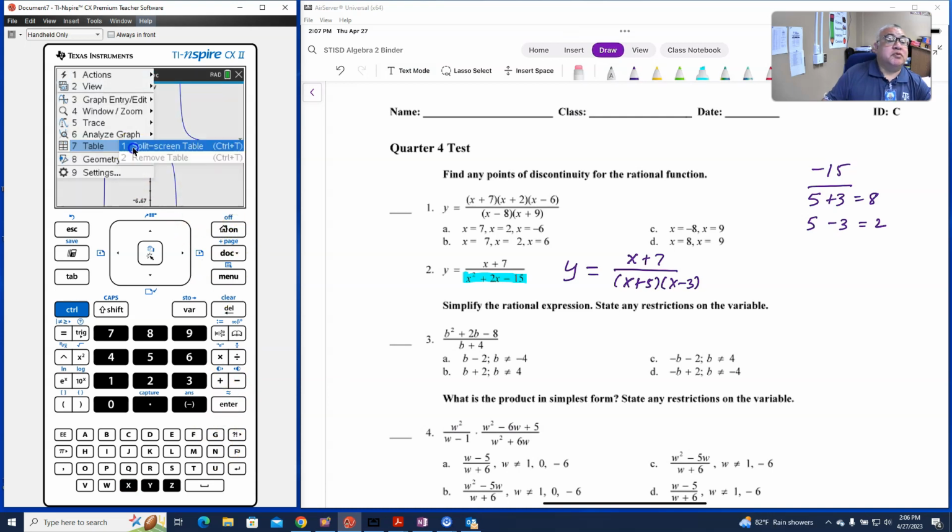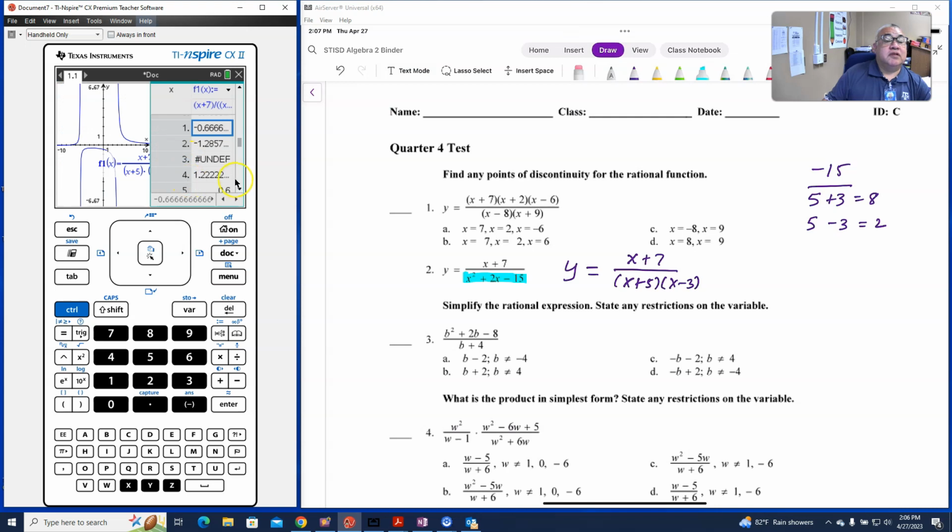Let's look at our table so we can see the undefined point. So we know that when x is 3, it's undefined. And you see that there. And then when x is negative 5, it's also undefined. So the points of discontinuity, x cannot equal negative 5, and x cannot equal 3.